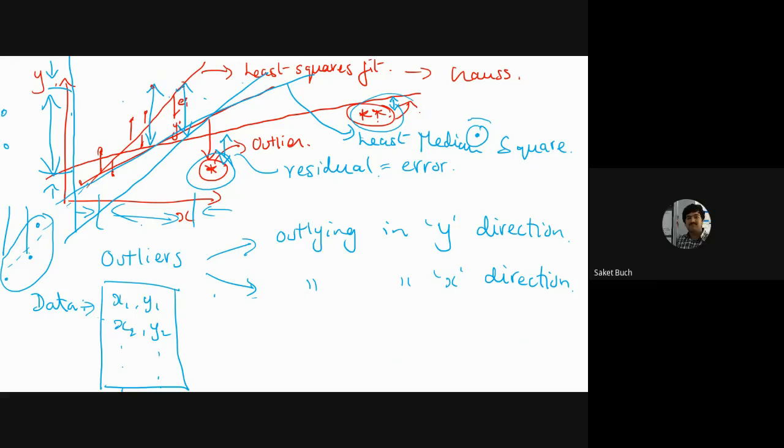I can replace just one point, and it might turn out that the least square fit is the 90-degree line. Now, if you are measuring the theta of this line or tan theta, it can be infinity.